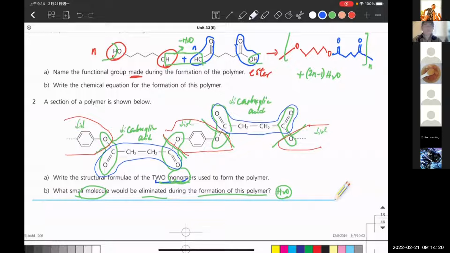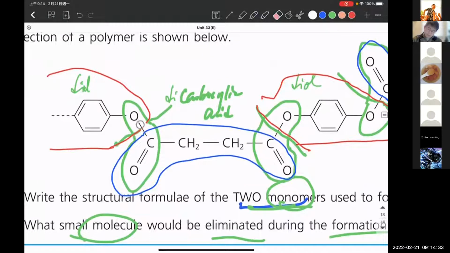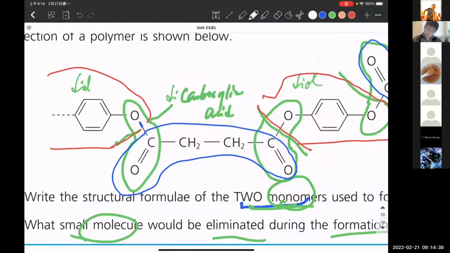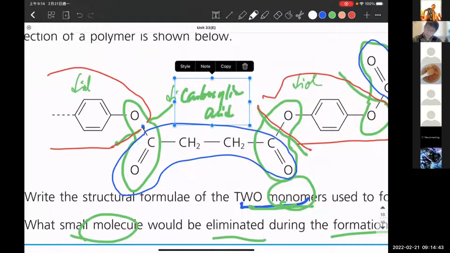Like this. Okay. So the reverse of the esterification process, we call it hydrolysis. So what should be done next is to cross out the bond. You're going to remove the bond here.